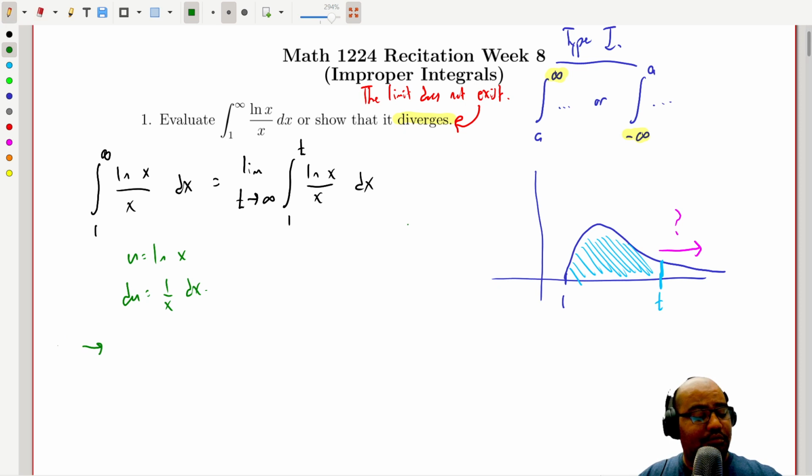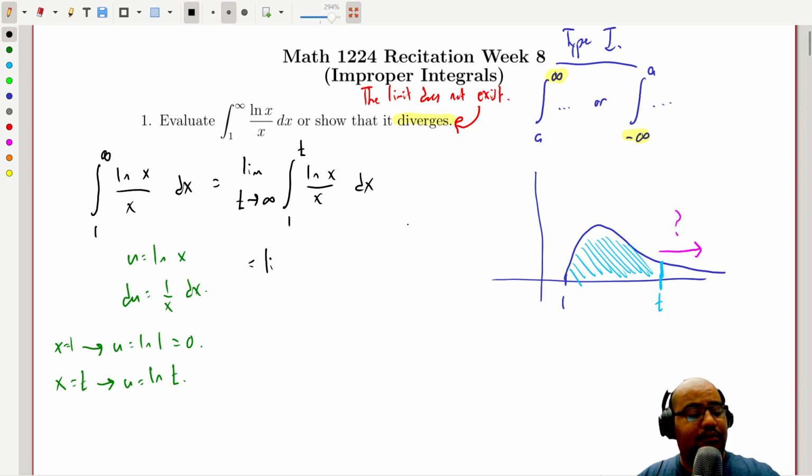When x is equal to 1, then u is the log of 1, which is 0. And if x is equal to t, that's our upper limit, then u is equal to the log of t. So now we have the limit as t goes to infinity of the integral from 0 to log t.